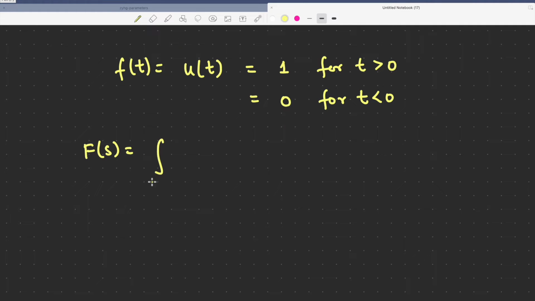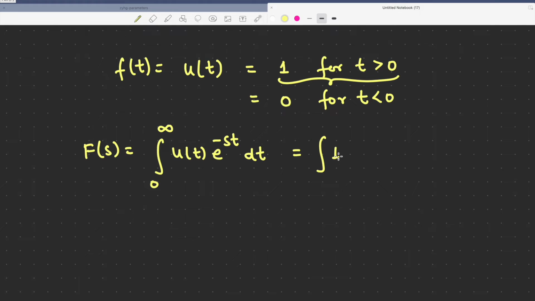So F(s) will be the integral from 0 to infinity of our function f(t), which is u(t), times e to the power minus st dt. Since we are taking only 0 to infinity, that means t greater than 0, u(t) is 1, so it becomes 1 into e to the power minus st dt from 0 to infinity.